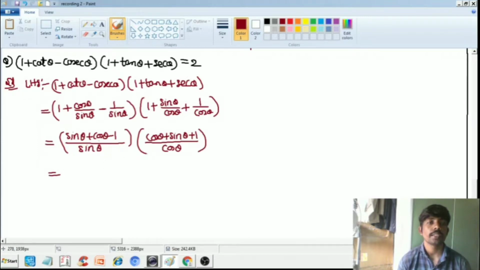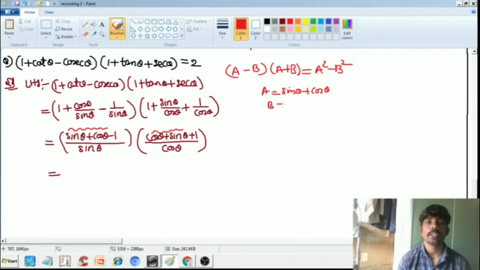From here consider this part as 1 unit. A minus B into A plus B can be written as A square minus B square. So here consider sin theta plus cos theta equal to A, and B is equal to 1.